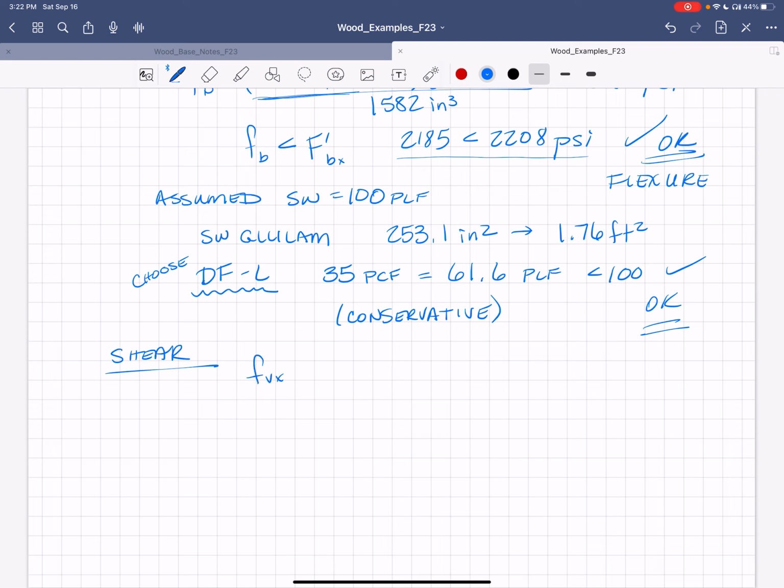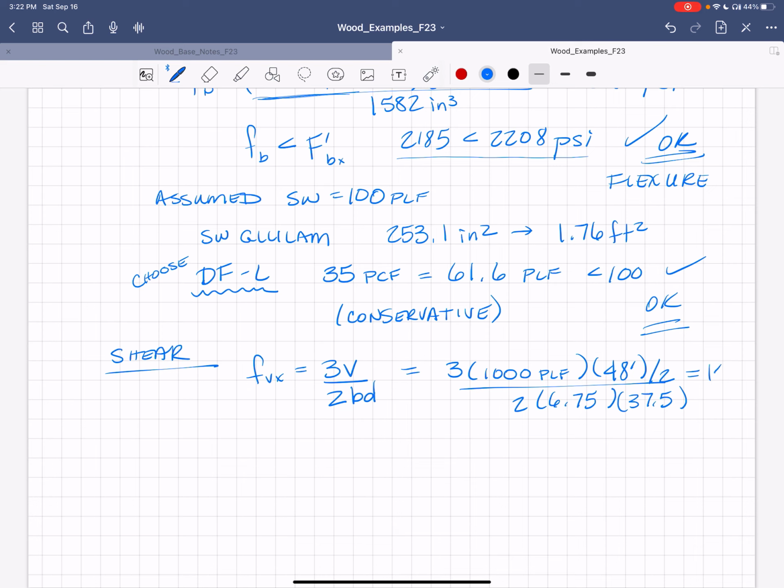Again, in the x direction, f sub vx equals 3V over 2A, or sorry, 2bd. 3 times 1,000 pounds per linear foot times 48 feet divided by 2, right, the shear piece, 2, 26.75, there's wL over 2 for shear, 37.5 is 142 psi.